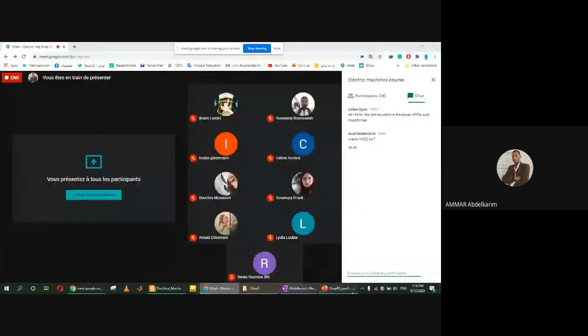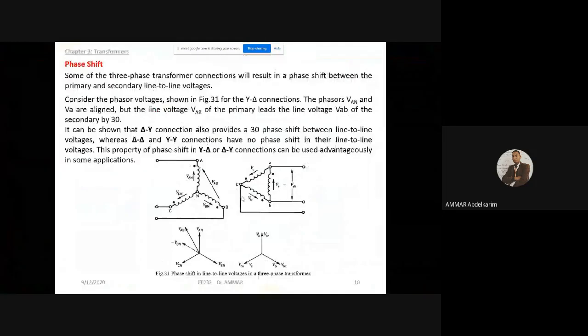There is another point here which may be important in some cases, which is the phase shift. Some three-phase transformer connections will result in a phase shift between the primary and the secondary voltage.